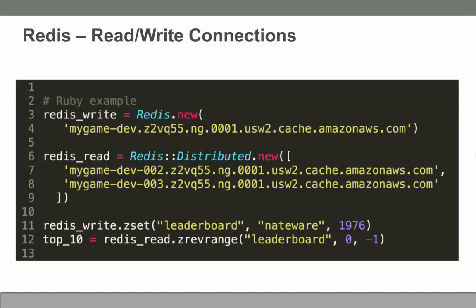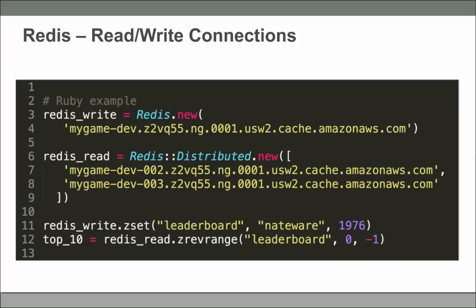So we talked about the ElastiCache side of it. Now, let's talk a little bit about how you do it in your application. In your application, you would need to configure 2 separate sets of handles. One is for writes and one is for reads. Then you would make a choice whether you read from your primary endpoint or you read from your replicas.